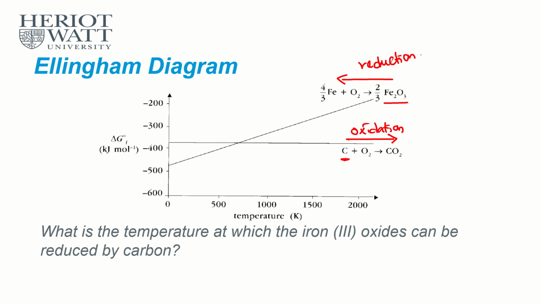The intersection point gives us a temperature value, roughly 600 Kelvin. So the intersection of these two lines gives us a temperature of 600 Kelvin.